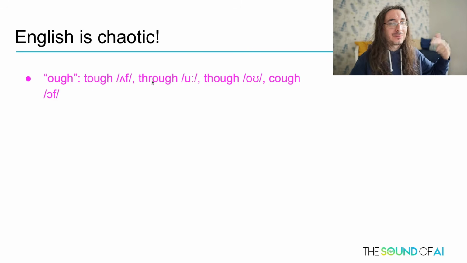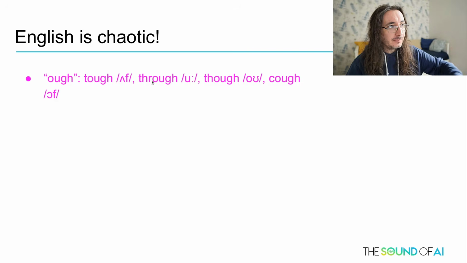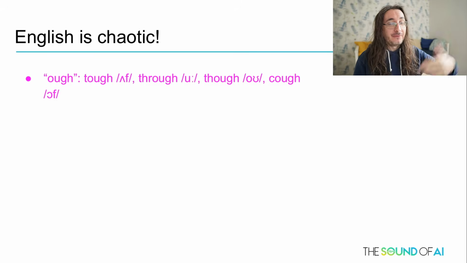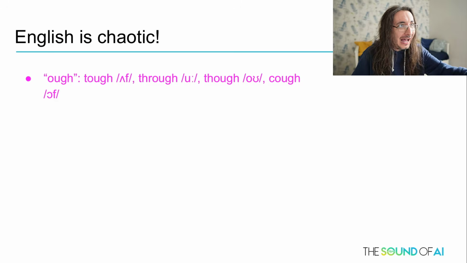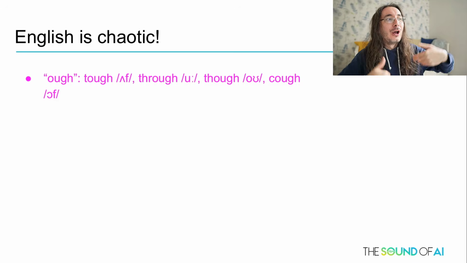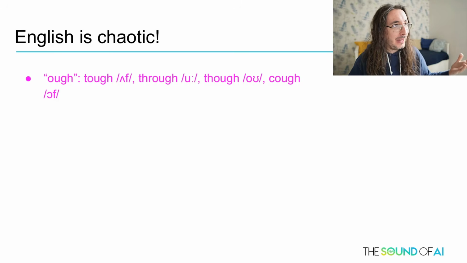Then we have the same spelling in "through", and that cluster is now pronounced as "oo". We also have "though". Again, we have the same cluster, but now it's that diphthong "oh". Or "cough". Same characters, but now pronounced in a completely different manner, right?